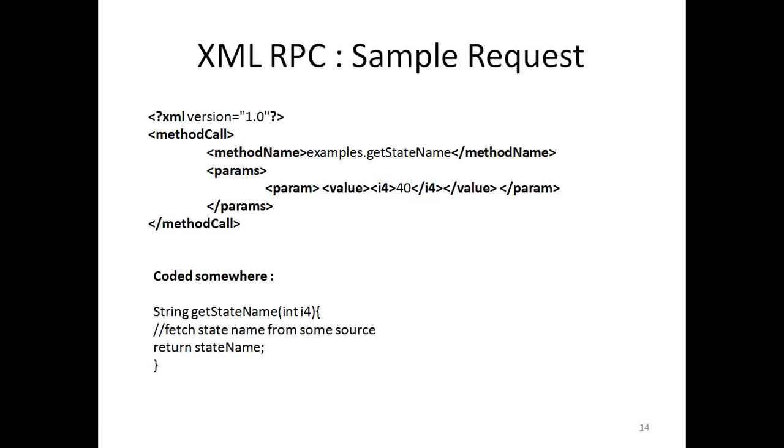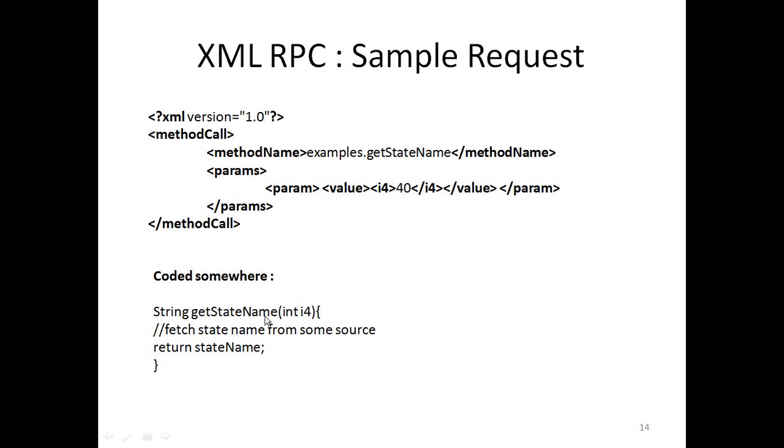So this is the sample request for XML RPC. On the very first line we have XML version. After that we have method call, method name. So after that we have some parameters. By method name, here we mean there would be some method on web server we are going to send a request to, and it is coded somewhere like this.